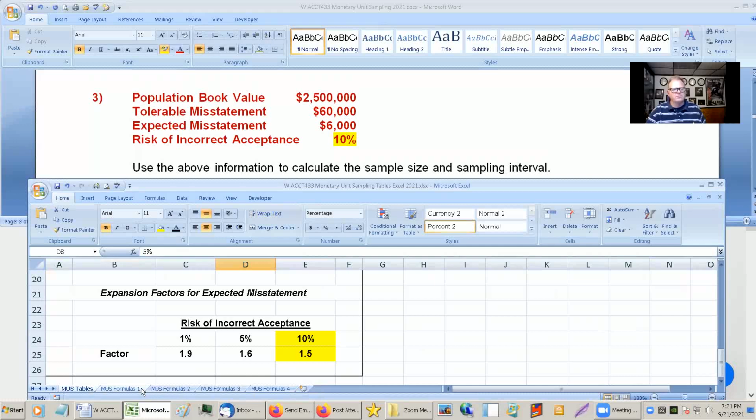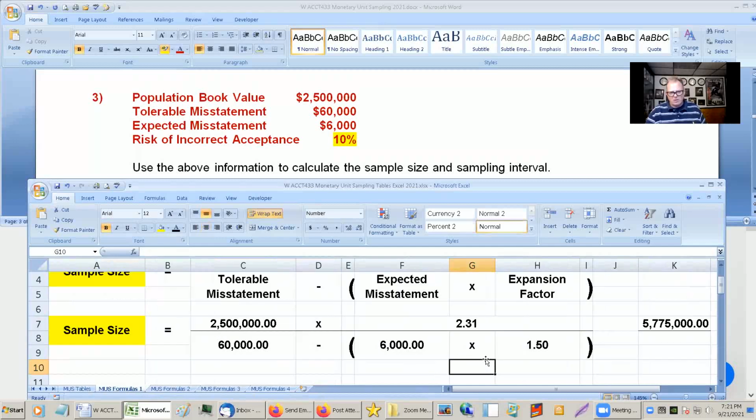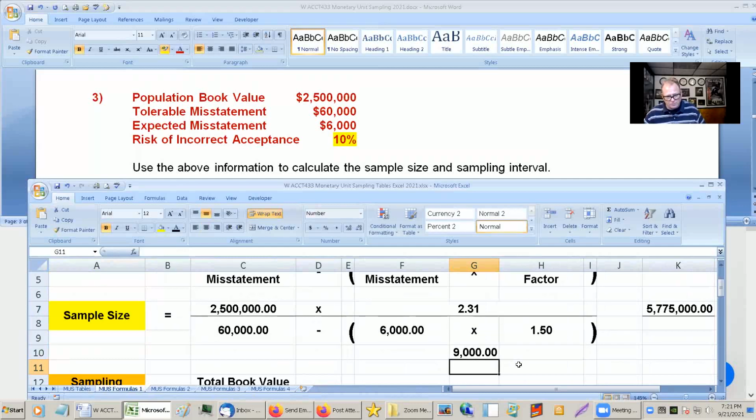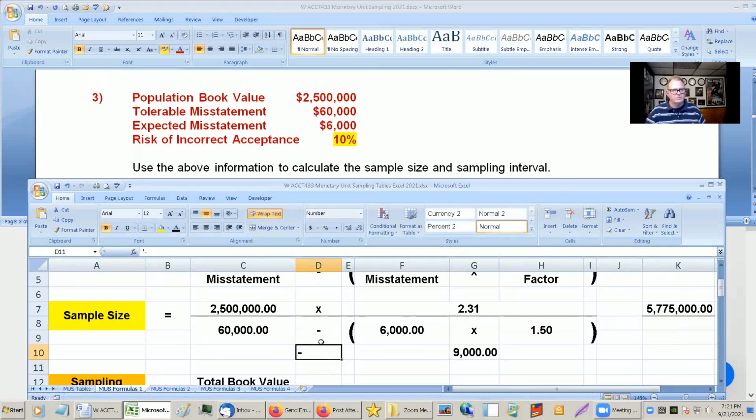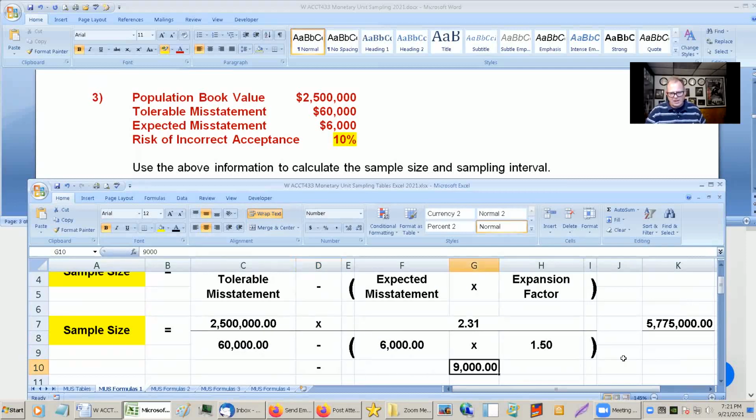It is right. So 6,000 times 1.5, I can do that in my head, 9,000. These two together: 60,000 minus 9,000 is 51,000.